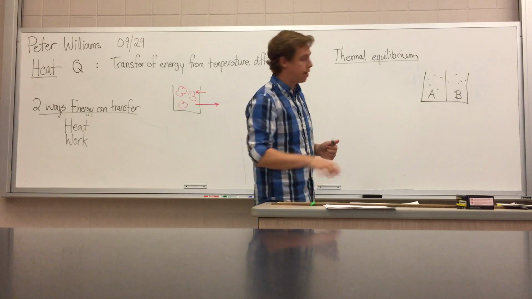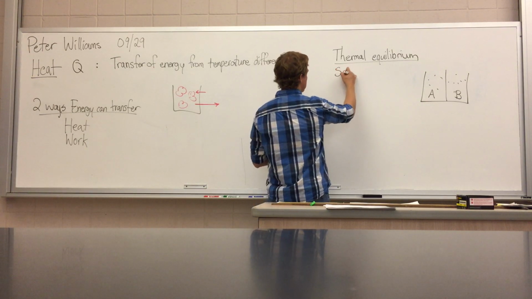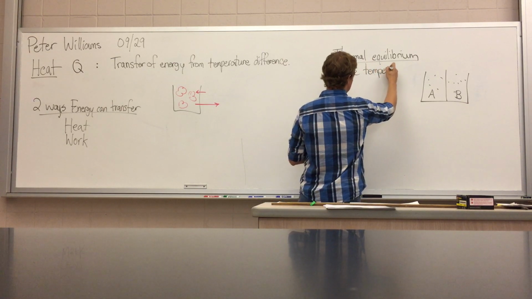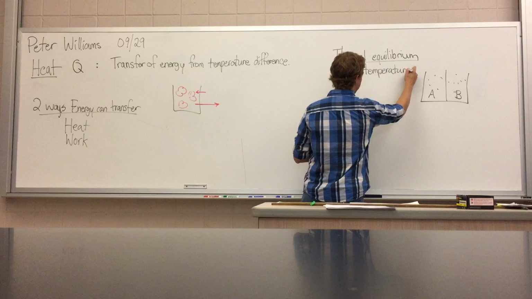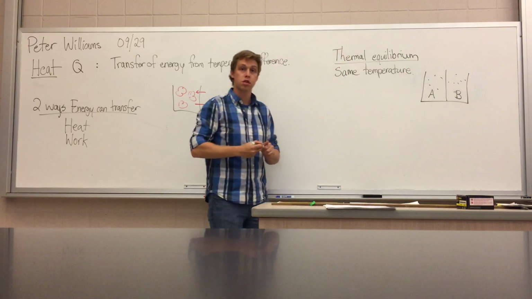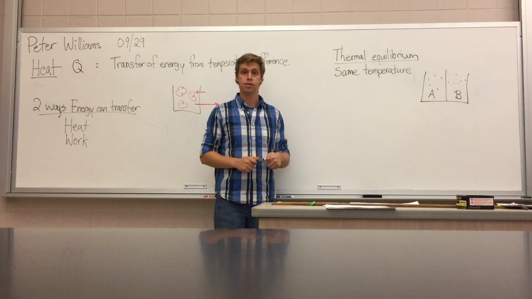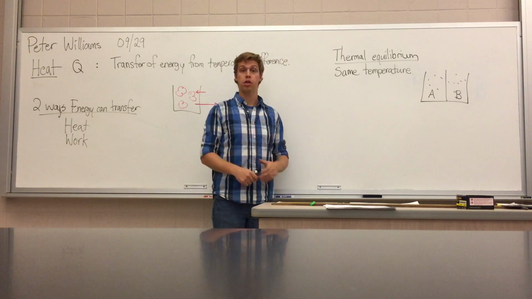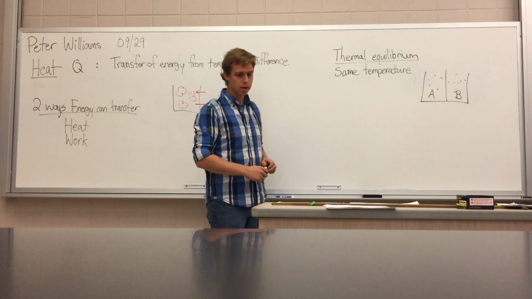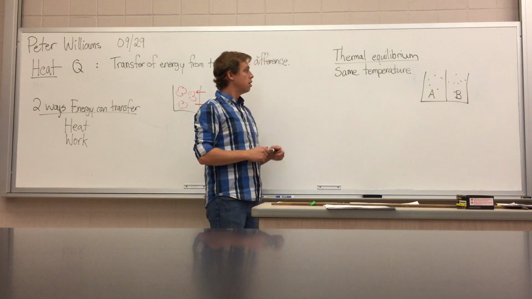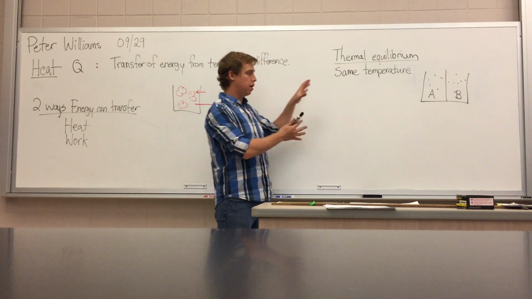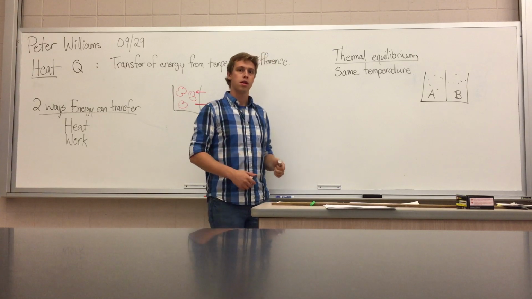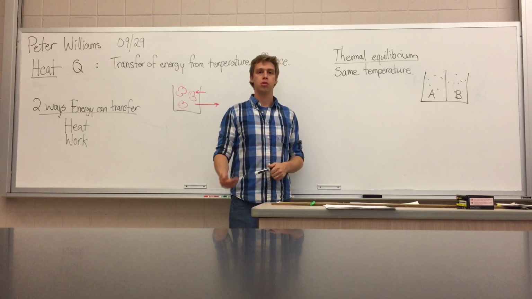And so that gives us a definition of thermal equilibrium. And I'm not going to do a fancy definition. I'm just going to write same temperature. Okay? That's a layman's definition for what thermal equilibrium means. Now, I'm going to take this part of the lecture to introduce one of the laws of thermodynamics.